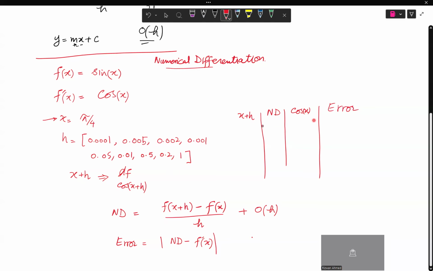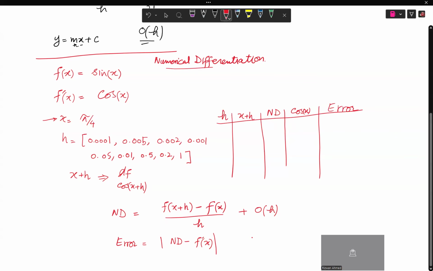So I will then plot the step size h and the error, and it is expected that in the first order methods, the numerical derivative varies linearly with the step size h. So this can be established in a simple calculation: numerical derivative minus the exact value of the derivative.